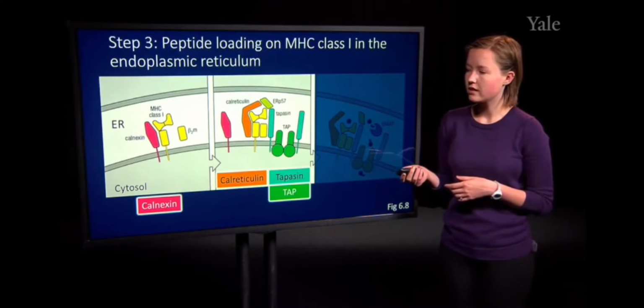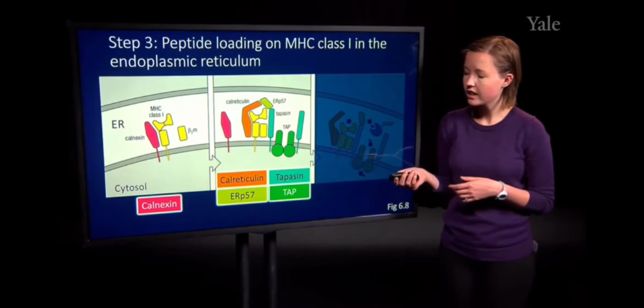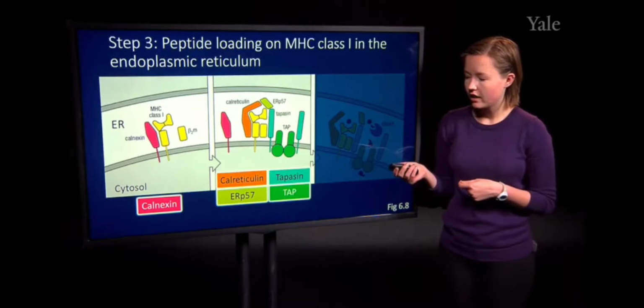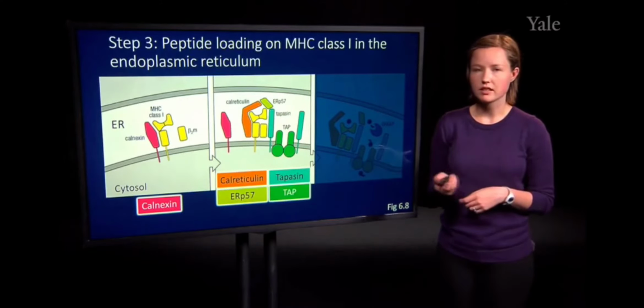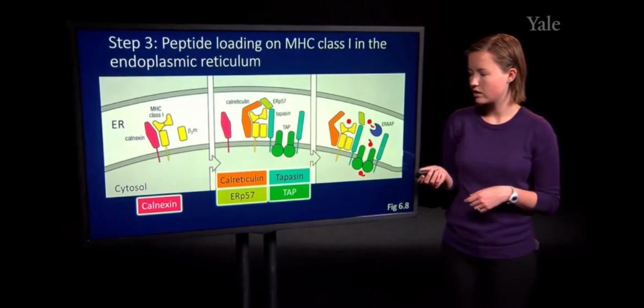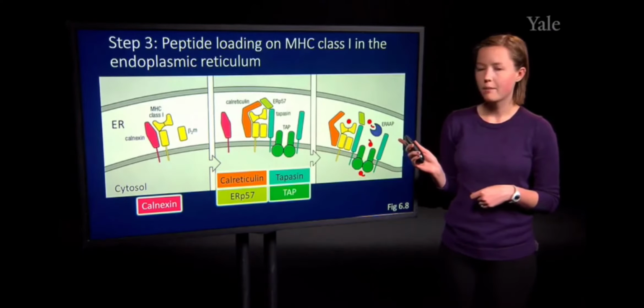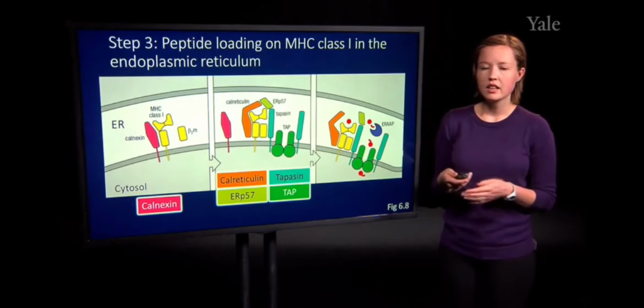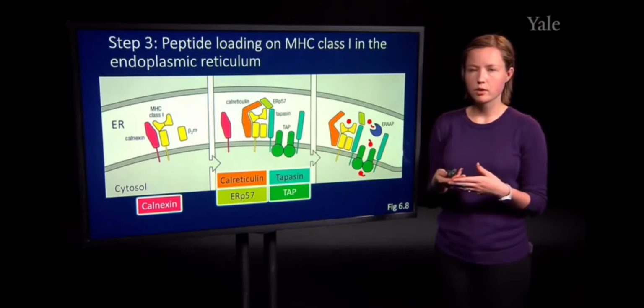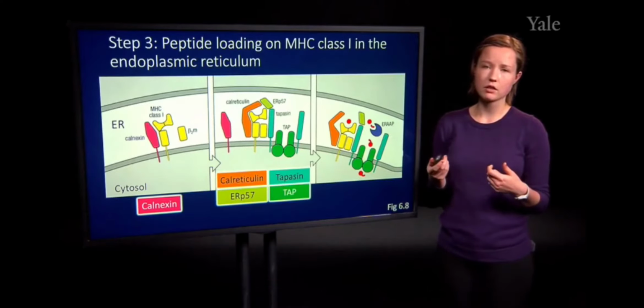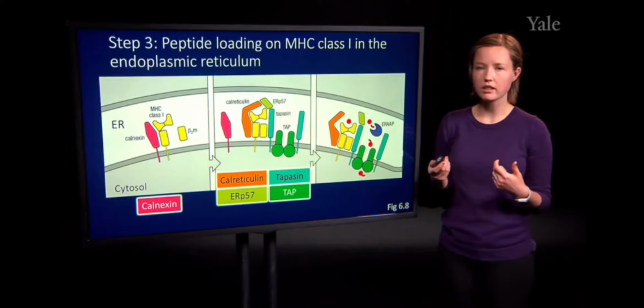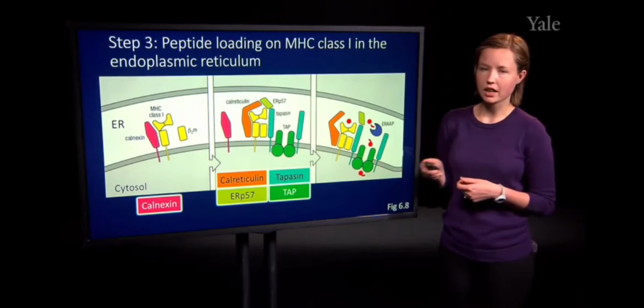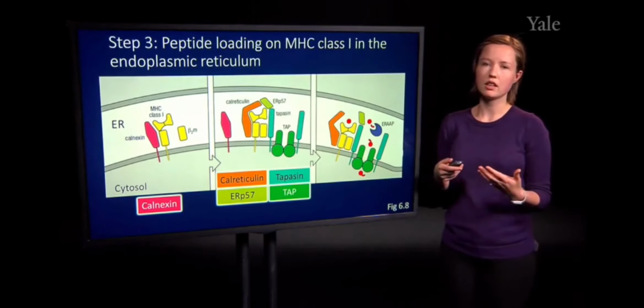And ERp57 is also doing the same thing. So at this point, we can have peptide binding, and you can see that some of these chaperones are moving out of the way because now we have increased stability of the MHC class 1 once it's interacting with its peptide. It no longer needs to be interacting so closely with these chaperones.